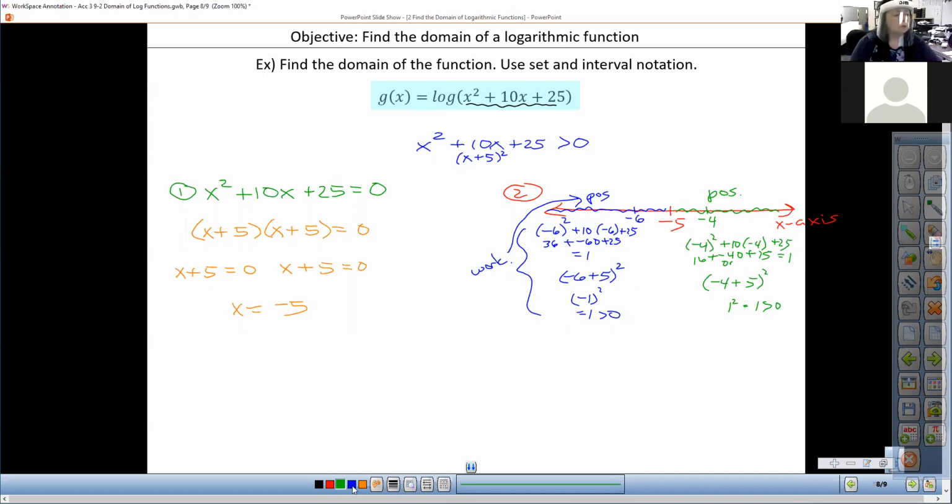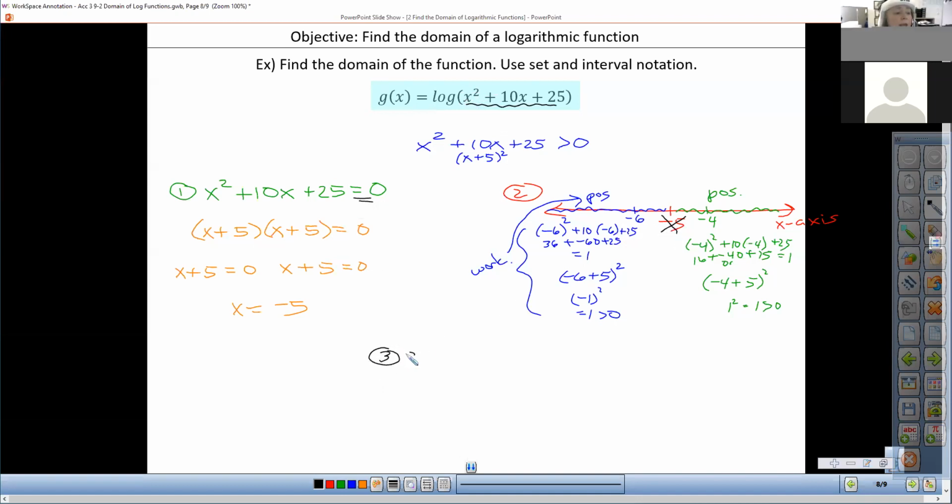So careful here, because now some people mistakenly think this means that our domain is the set of all real numbers. It is not quite the set of all real numbers, because remember, -5 cannot be part of our domain. Because if we plug in -5, our argument is equal to 0, and we can't have an argument that equals 0. So we do have 2 intervals here for our domain, 2 separate intervals that are divided from each other by the number -5.